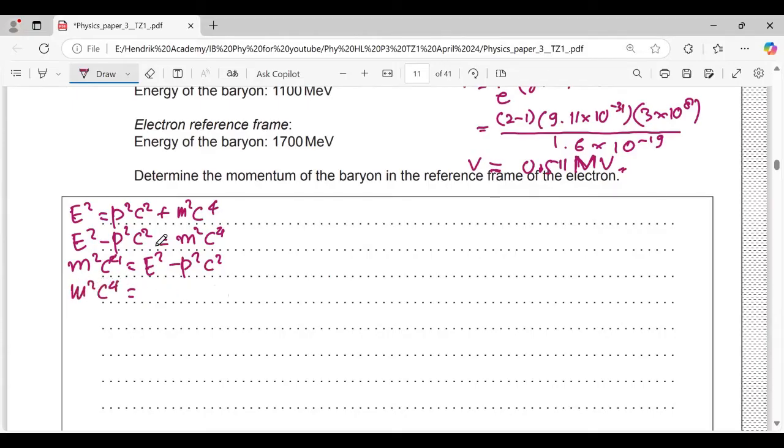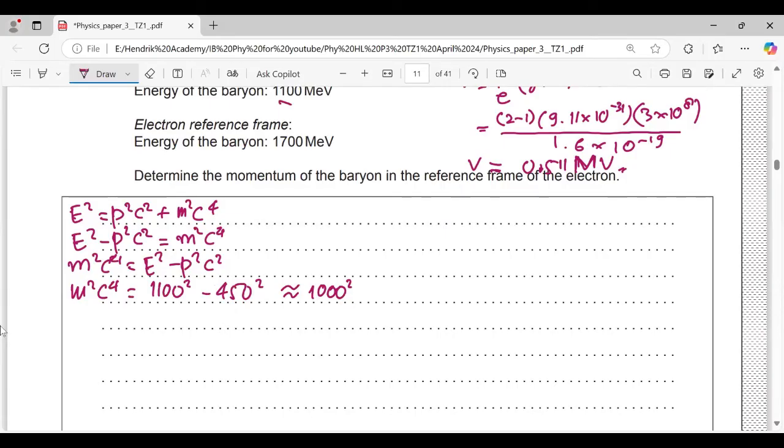This E squared is 1,100 mega electron volt, this number, squared, minus 450 squared. PC is 450. And if you calculate and round it, it becomes 1,000 squared. Right.